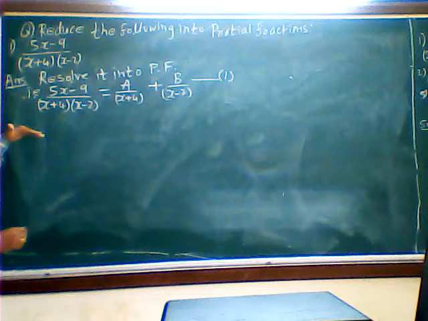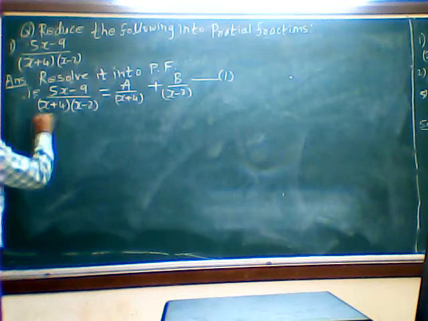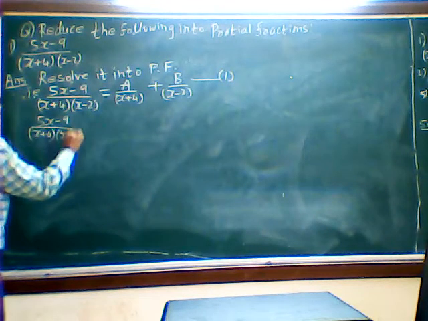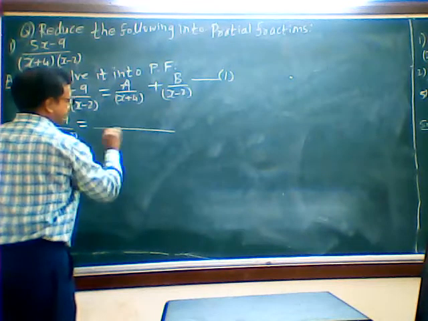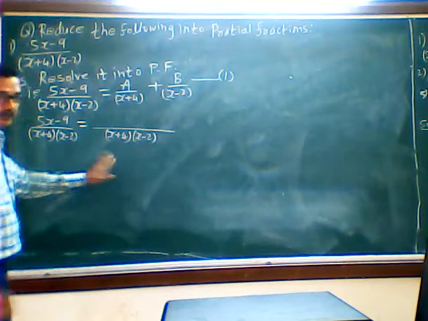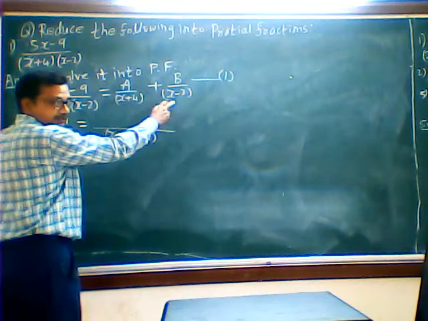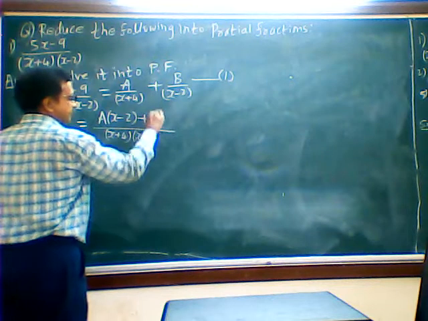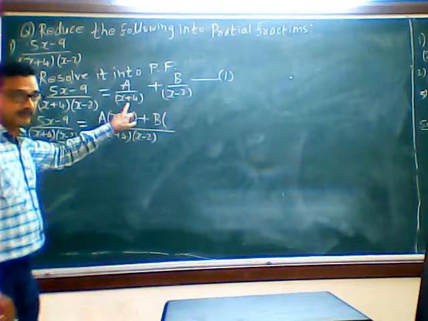Now I will copy the left hand side as it is, is equal to, here the LCM is both the brackets. Below A, x + 4 is there, x − 2 is not there, so this will be multiplied, plus B, below B, x − 2 is there, x + 4 is not there, so this will be multiplied.